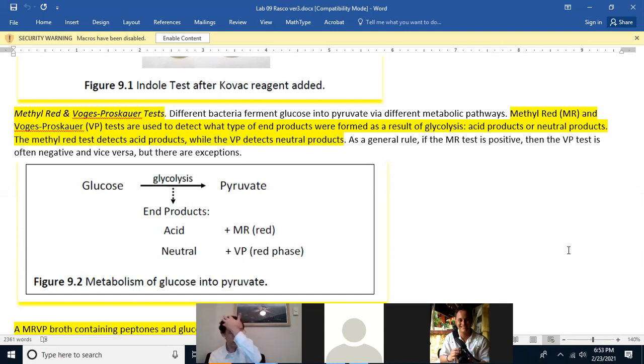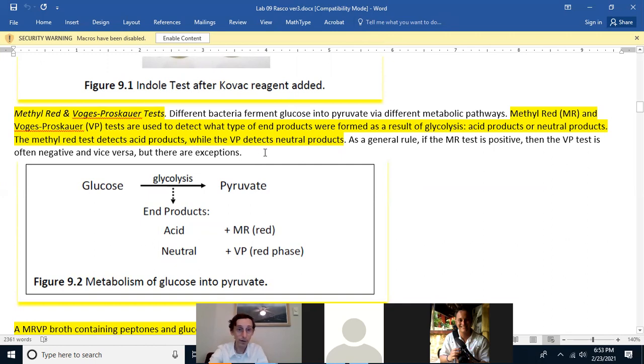Now realize that when you're doing the unknown test, you have to ask for either the methyl red test or the VP test to follow dichotomous logic, because if you're using dichotomous logic, you're only requesting one test at a time. But frequently these two are set up at the same time using one tube, and then it's split into two, and then we test for methyl red in one and Voges-Proskauer in the other.